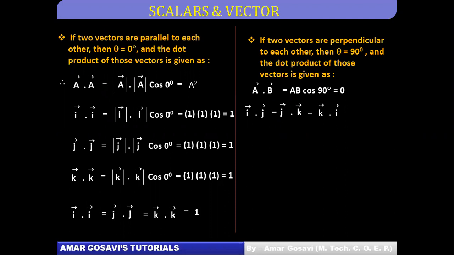I dot j angle is 90, j dot k angle between them is 90, k dot i angle between them is 90. We all know this because the mutual angle between the X, Y, Z axes is 90 degrees. They are perpendicular to each other.